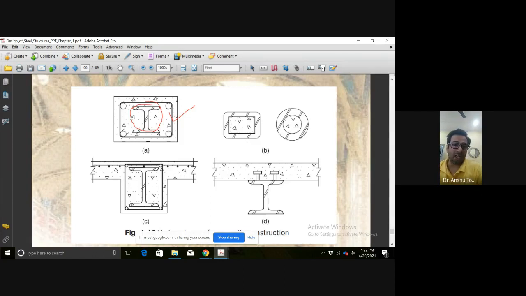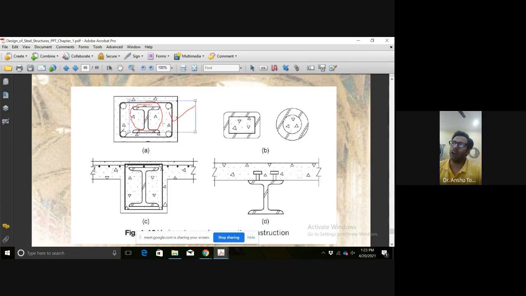The temperature rise was so high that the steel melted at some of the members. Due to that, redistribution of the load happened in some of the floors. So that led to the failure of the World Trade Center in 2001. You might go to the case study if you find time.